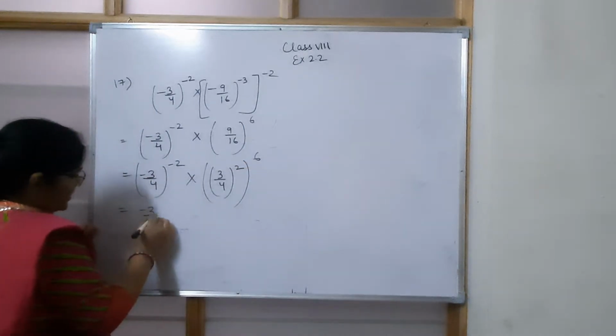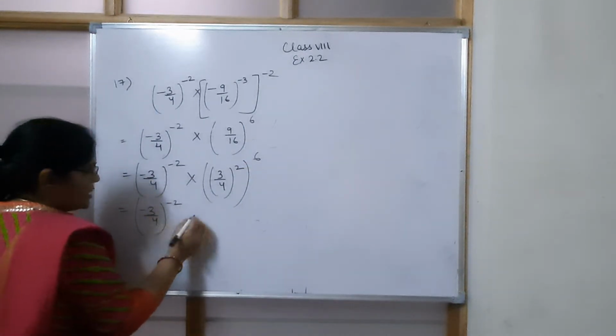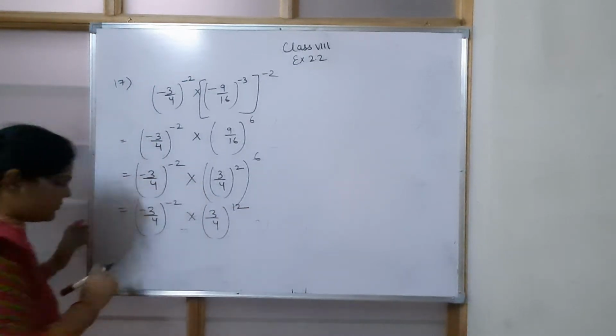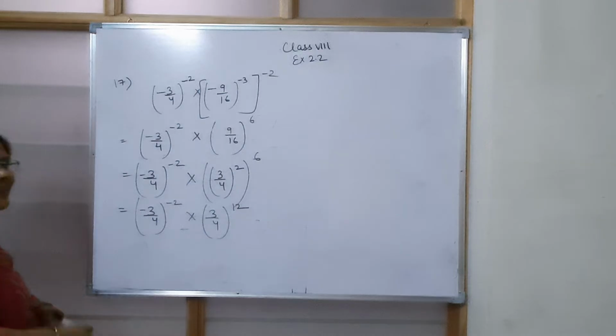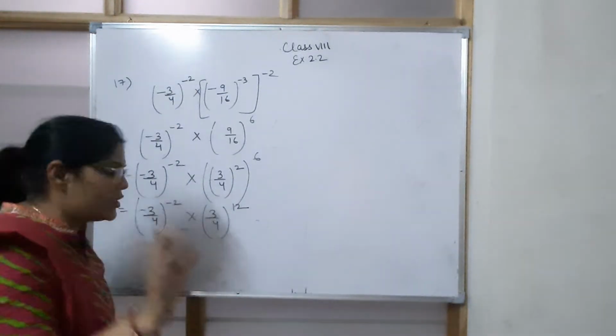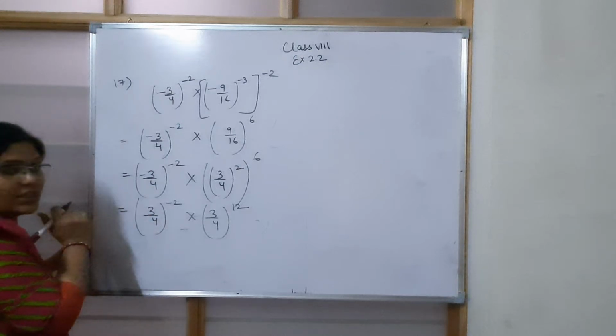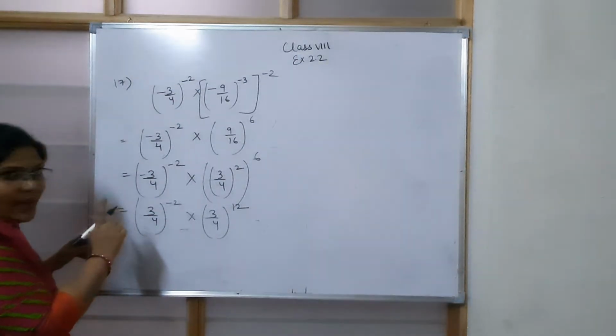Alright, so this is going to be power minus 2, and this is 3 upon 4 raised to the power 12. If you want to make it positive and then change the sign, you can always do that. But just look here, this is again an even power, so it means we will get a positive number. That's why I am removing this minus sign.